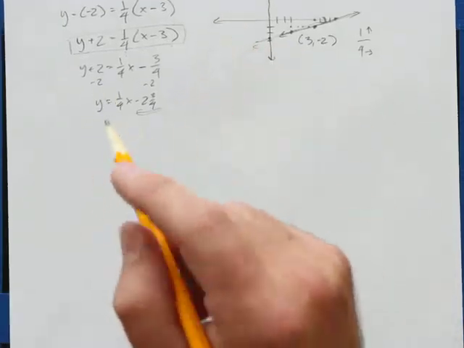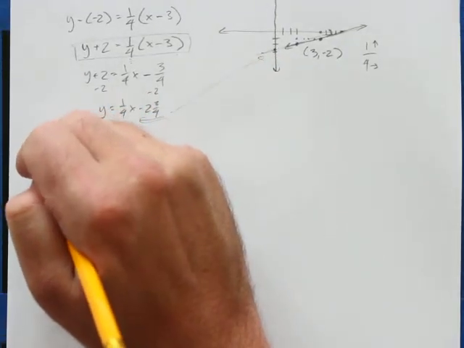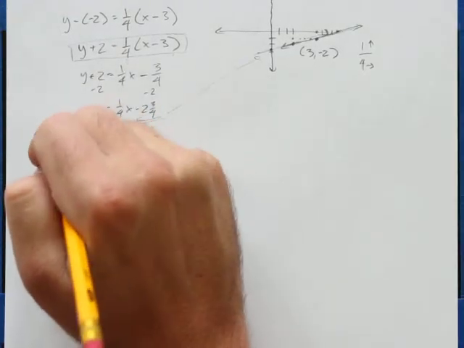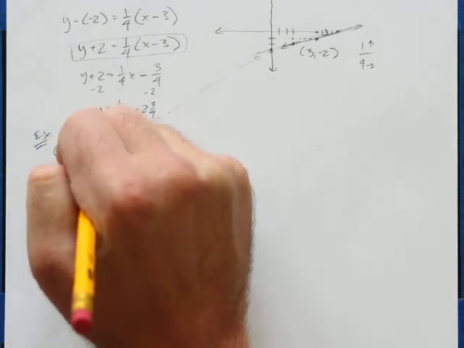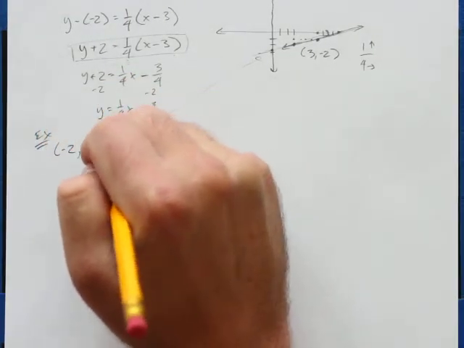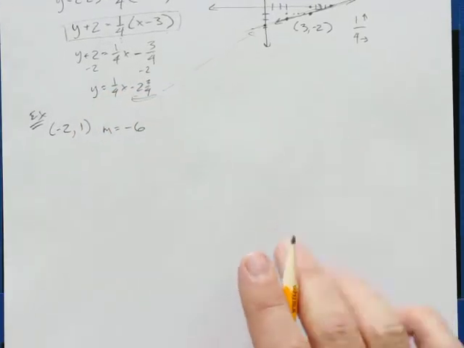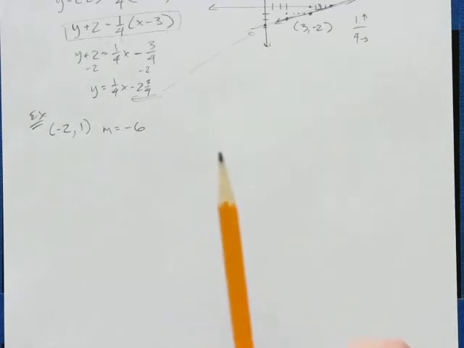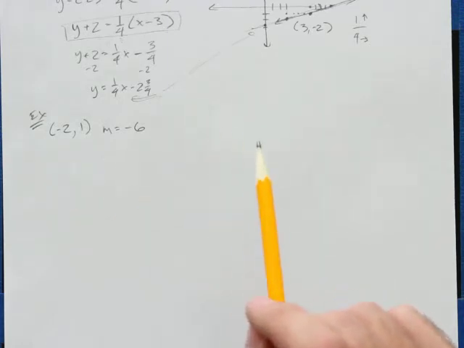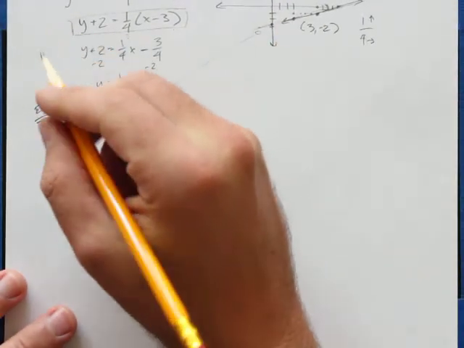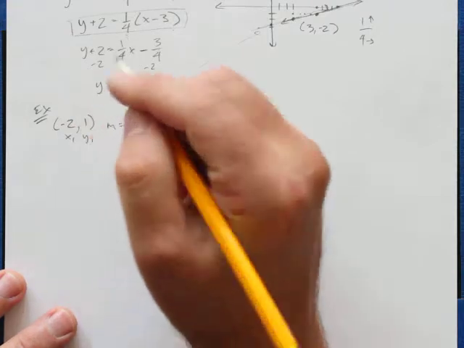Let's do another example. All right, so now I've got -2 for my x value and 1 for my y value at that point, and my slope is -6. I need to write this in point-slope form, and then graph it. First I'm going to label x1, y1.